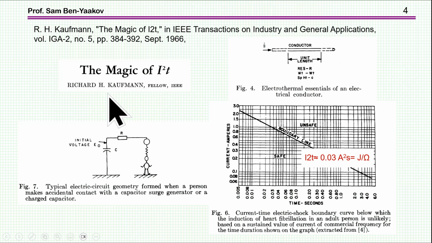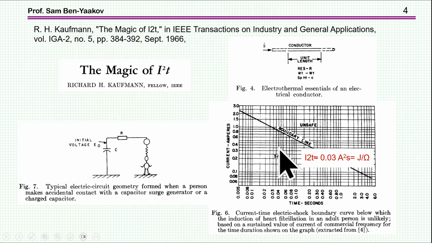Now, in a pioneering paper entitled The Magic of I2t, Kaufman pointed out the many benefits and importance of this factor. This is from the paper published in 1966, quite a while ago, and it shows an electric shock to a person.